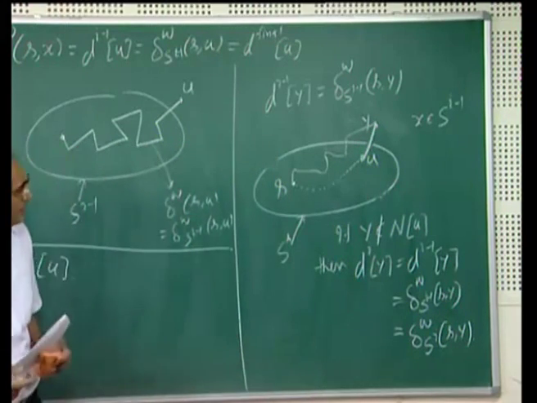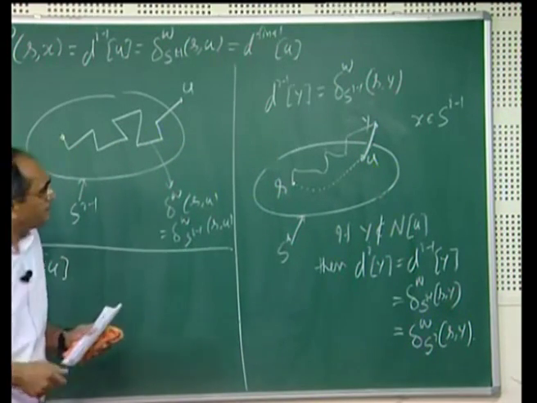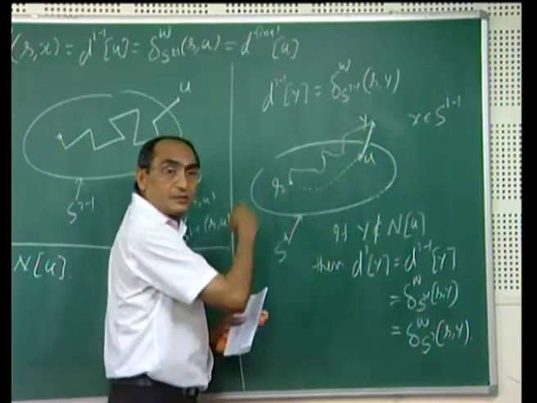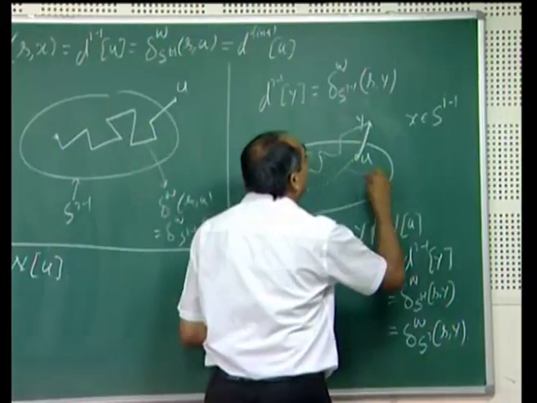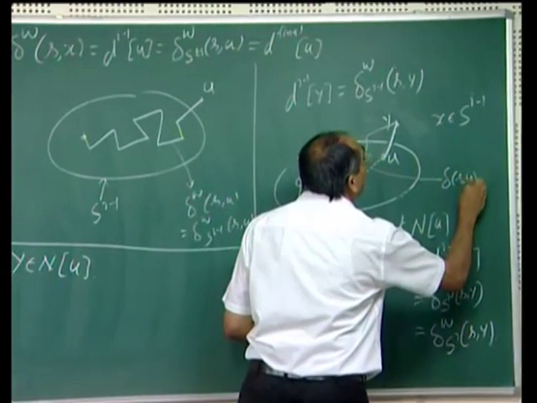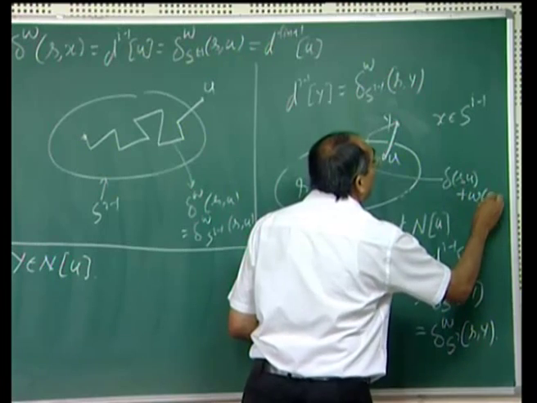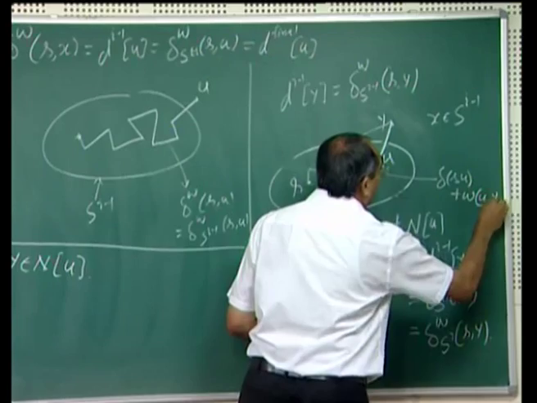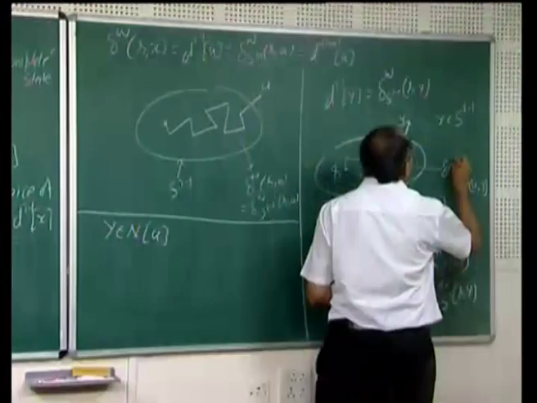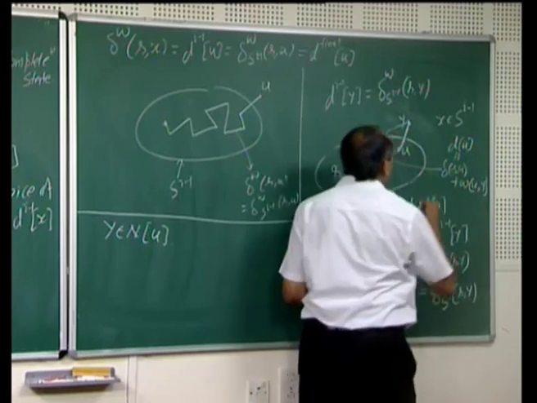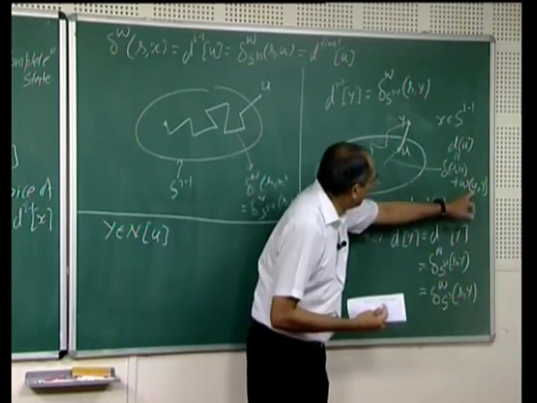These are the two paths. The weight of this path is clearly delta(s, u) plus weight of uy, and this thing is equal to d of u. So, it is d_u plus w_uy.